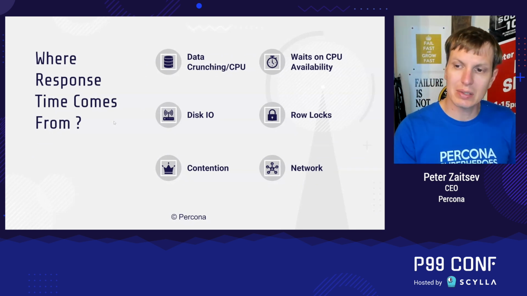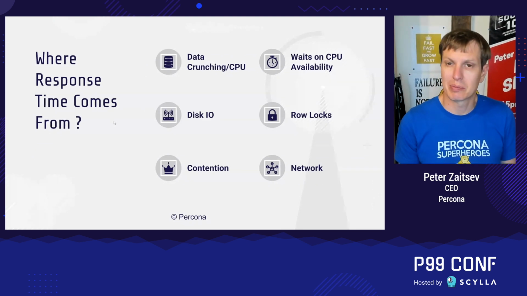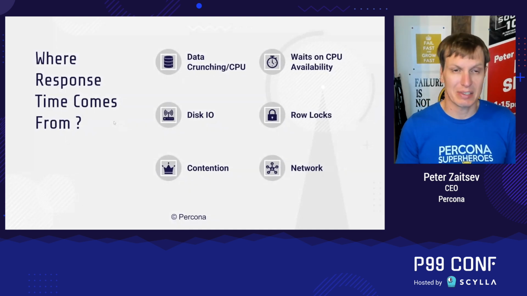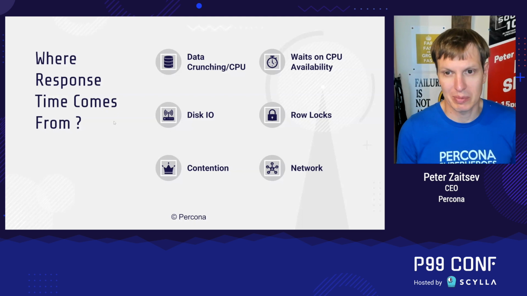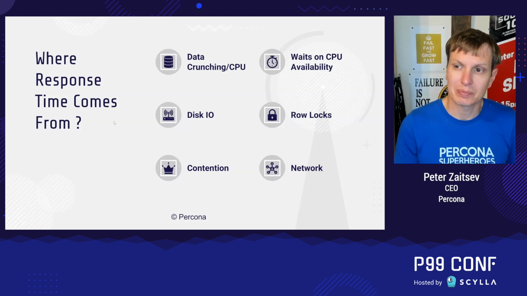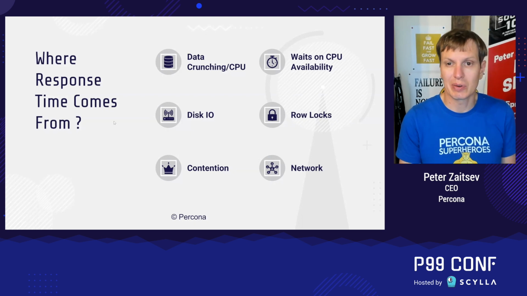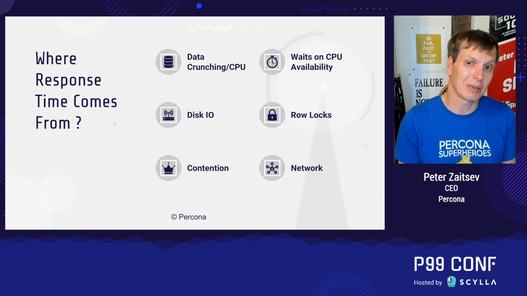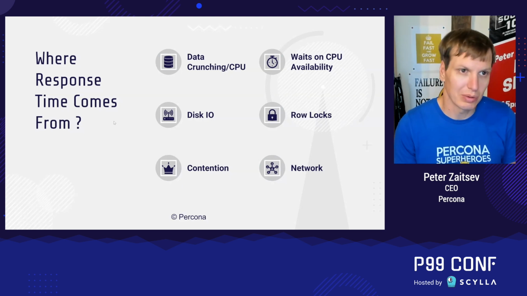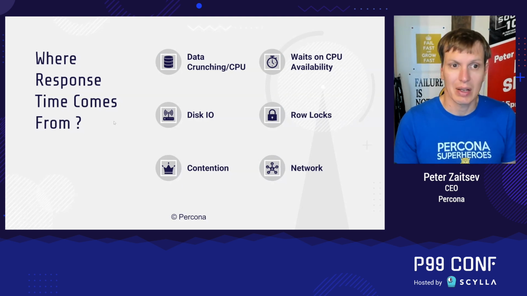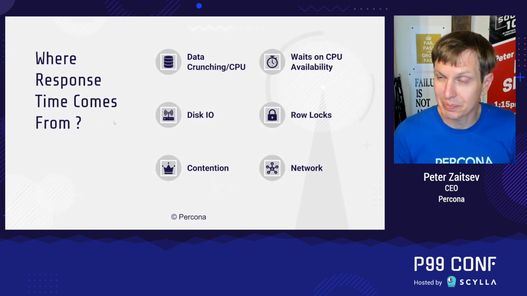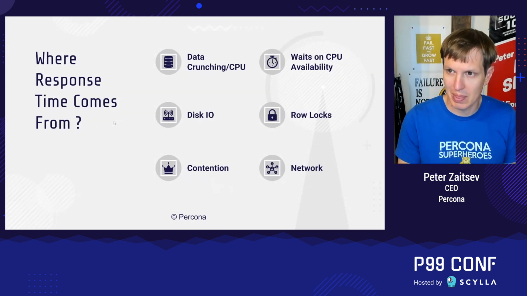So with that, we spoke about grouping queries and slicing and dicing query performance. But in the end, it all comes down to the question, after finding the problematic query or set of queries, where does that response time come from?